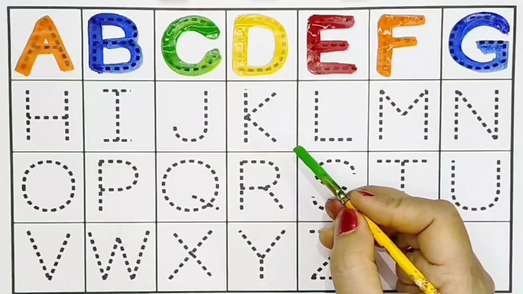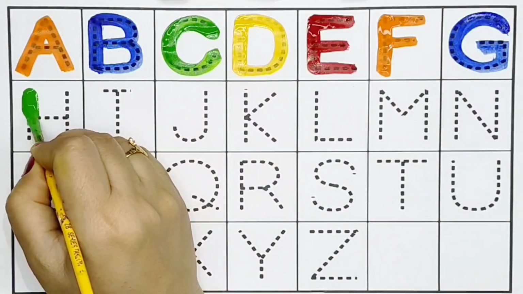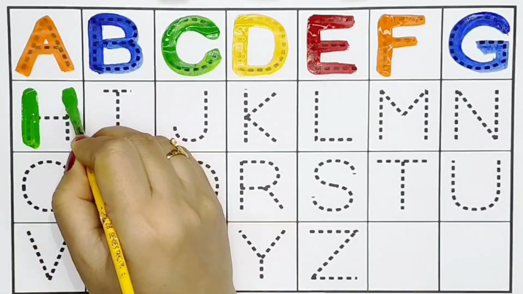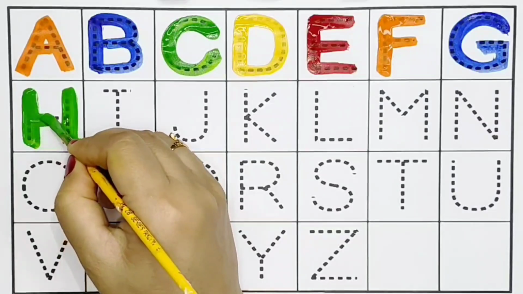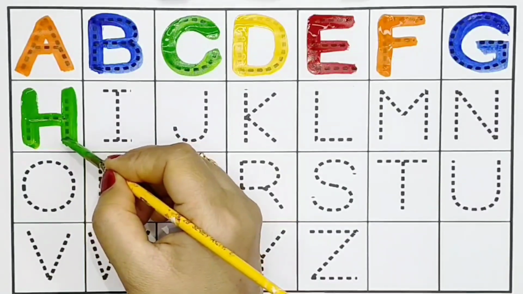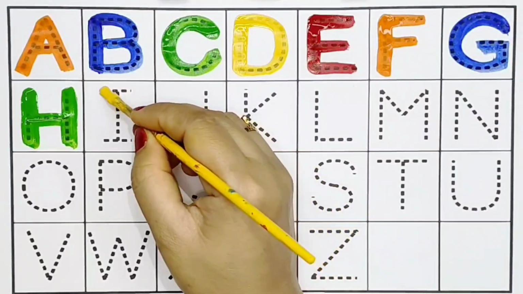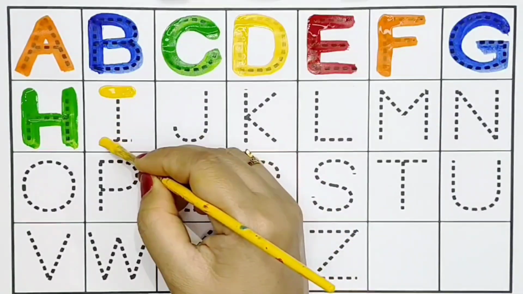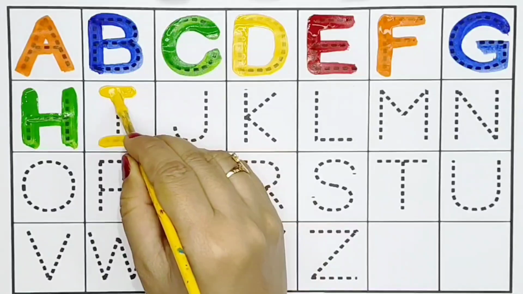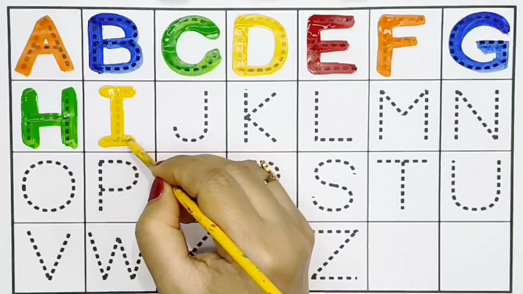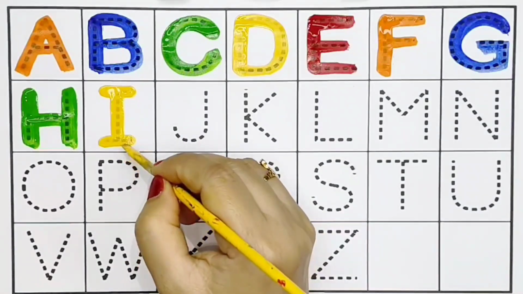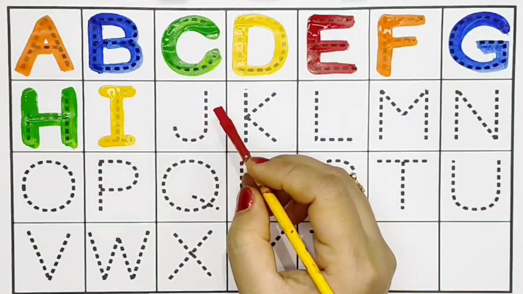Light green color. H for horse. Yellow color. I for island. Red color.